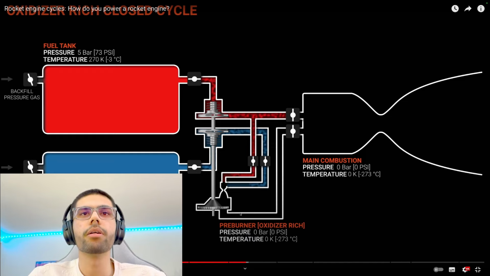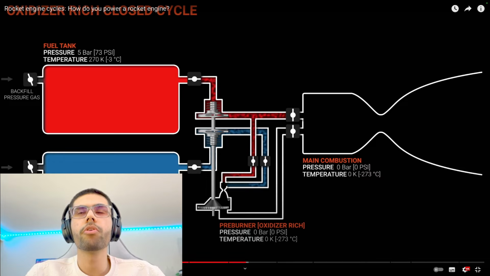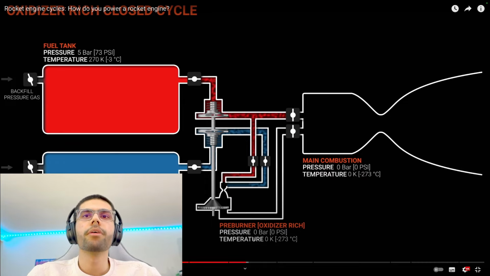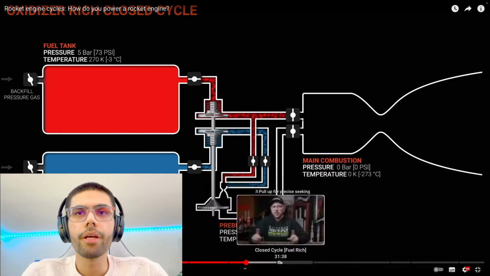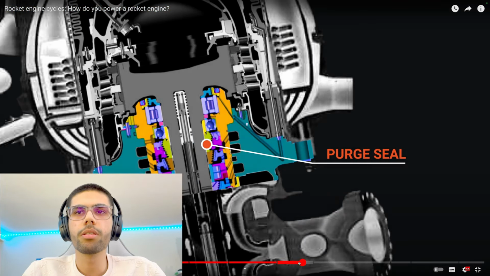It's called the pre-burner. So if you made your pre-burner oxidizer rich, then you have to control these valves in such a way to make it the perfect stoichiometric ratio that you want. And in case of fuel rich, it is the same story.